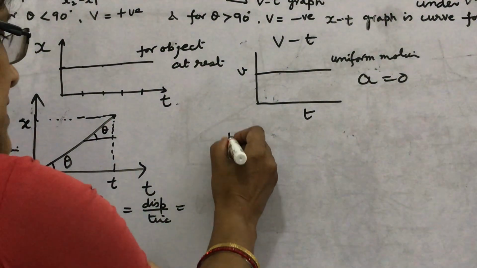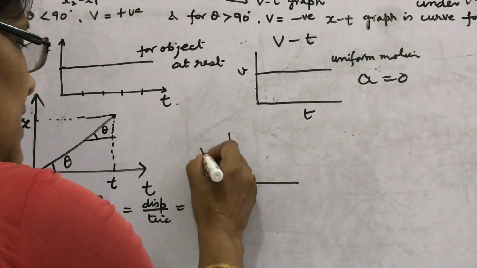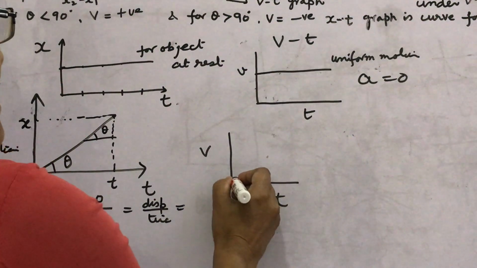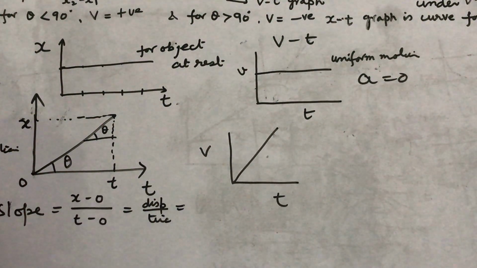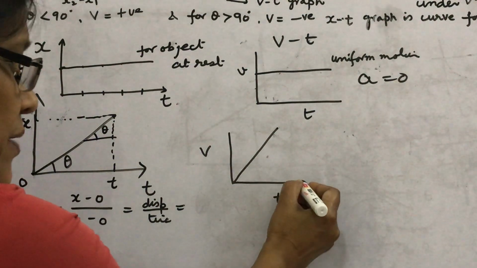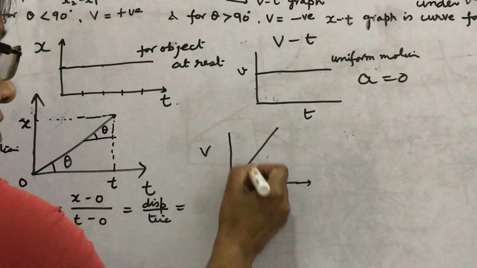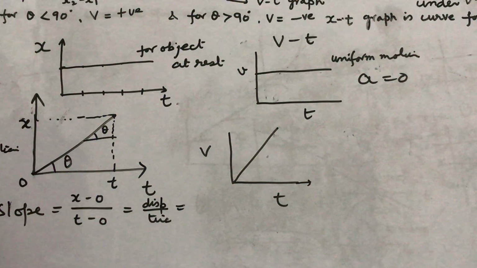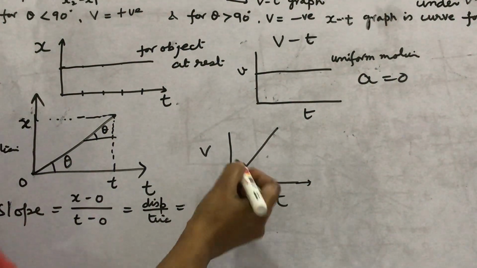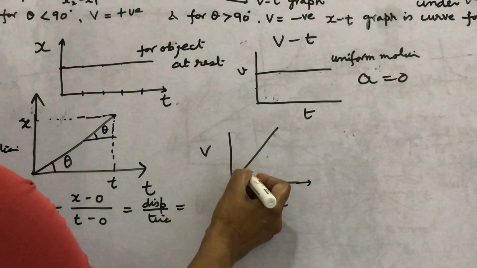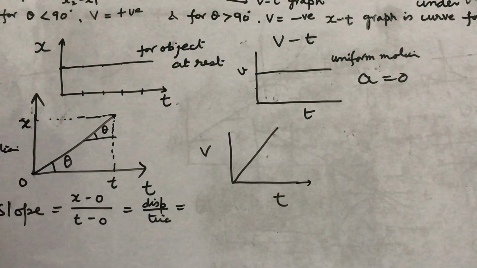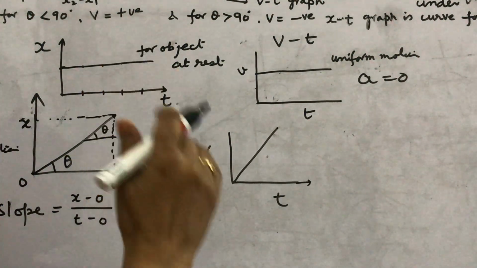What about the next graph? Suppose this is the graph. It is given here that in this graph, as time increases, the velocity also increases uniformly. Uniformly, why? Because the slope is constant. So, what is the slope of this graph? Velocity increases.